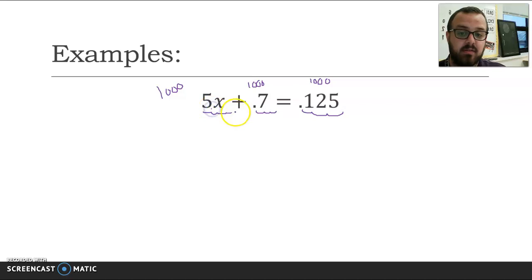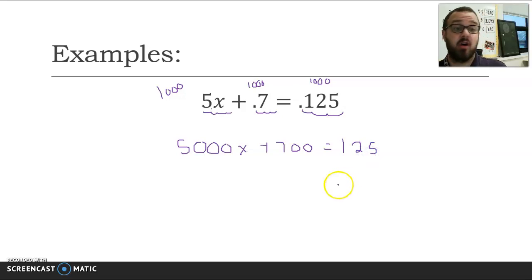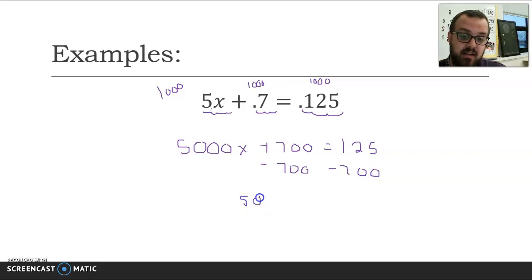This is where the decimal is. It's the 3 spots from there. So I'm going to have 5,000x plus 700 equals 125. And again, I'll solve this one just like a normal old two-step equation. I'll subtract 700 from both sides. I'm going to get negative 5,000x equals negative 575.